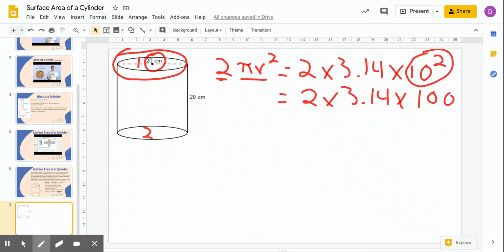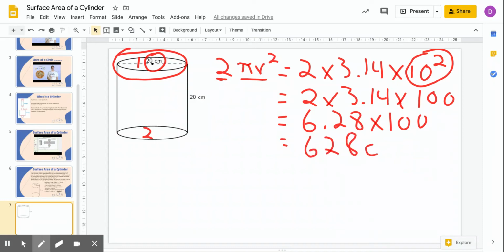Okay. And so 2 times 3.14 is 6.28 times 100. So therefore, if we play it out now, 628 centimeters squared is the area of the two circles. Okay.